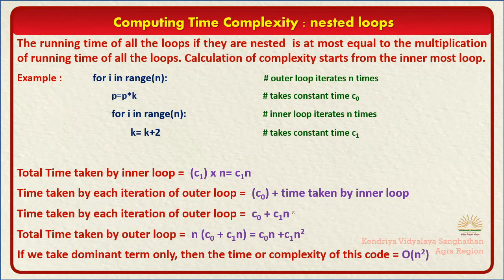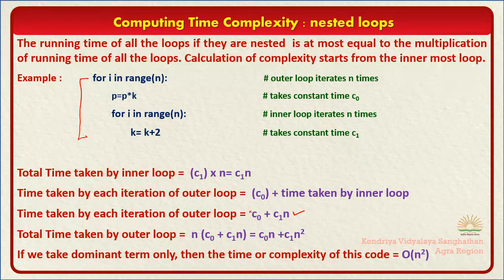Now this is the time of each iteration of the outer loop. The time taken by each iteration of the outer loop is c0 plus c1n. Now how much time will be taken entirely by the outer loop? When the outer loop runs for n times, how much time will it take?